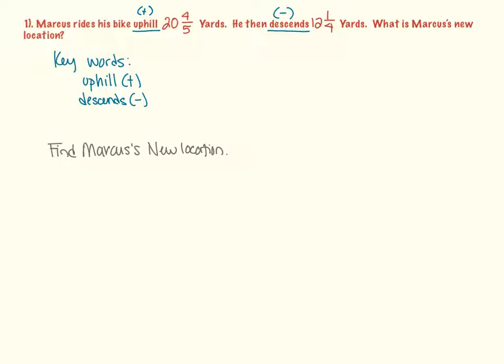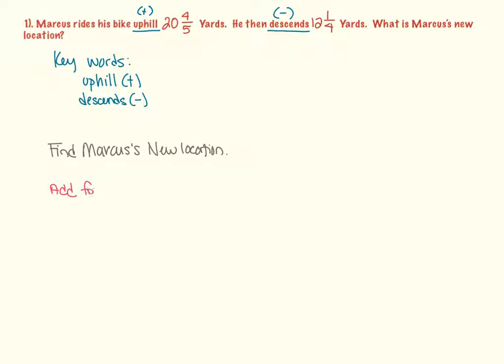So we need to take 20 4/5 and pretty much subtract the 12 1/4. But remember, with subtraction, we're always going to change it to a plus, negative, or apply the additive inverse, okay?